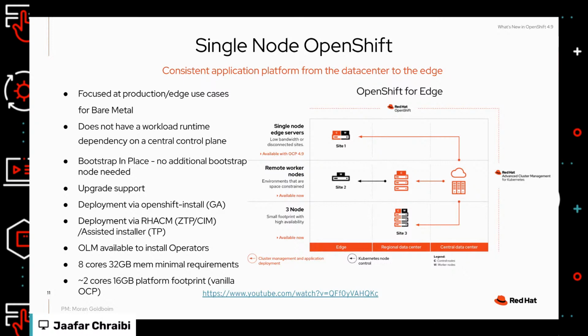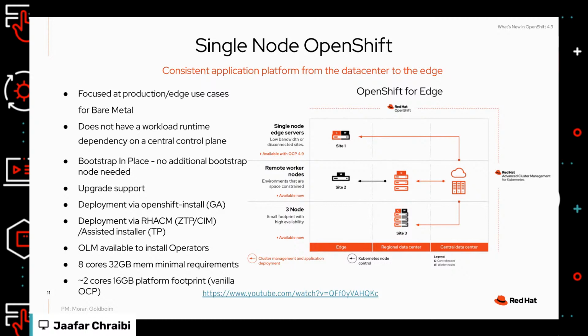But as we started playing into the telco 5G edge area, we also had customers asking for a very minimal footprint. They wanted a full-fledged OpenShift running on one single node, and that's single node OpenShift, also known as SNO. This is available starting from OpenShift 4.9.